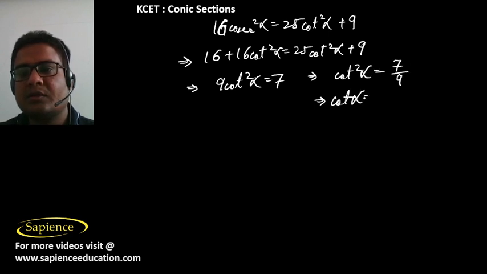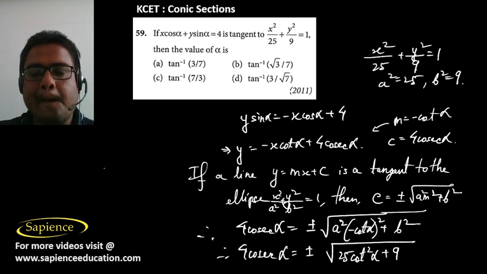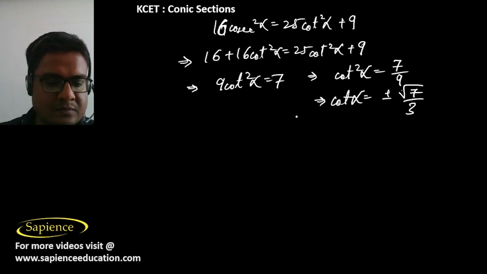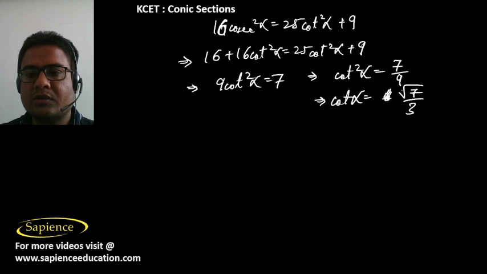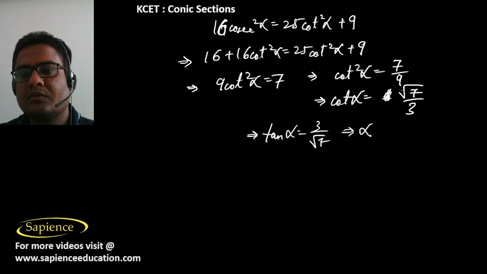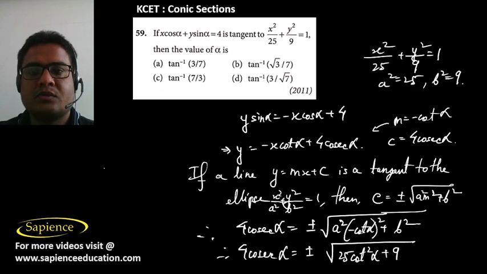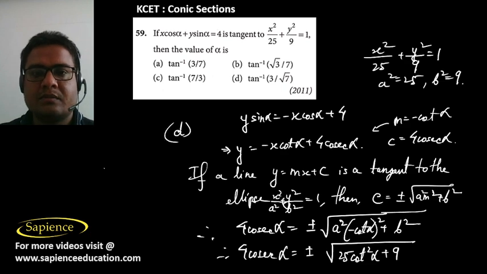Then cot alpha will be equal to plus or minus root 7 by 3. So cot alpha is root 7 by 3, so tan alpha will be 3 by root 7. So alpha will be tan inverse 3 by root 7. So option D is the correct answer.